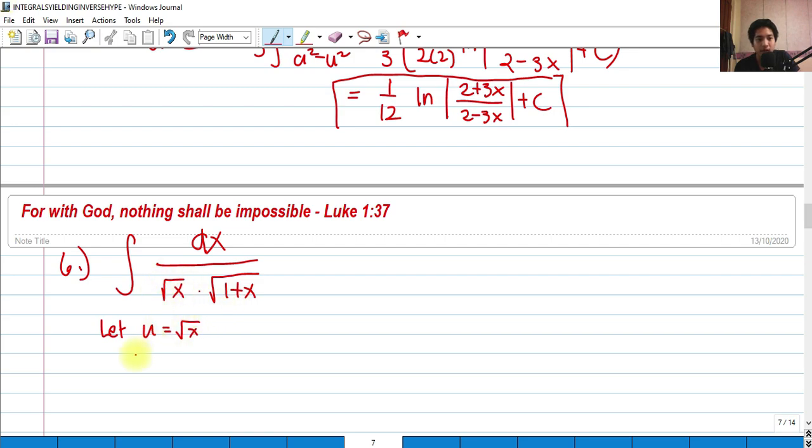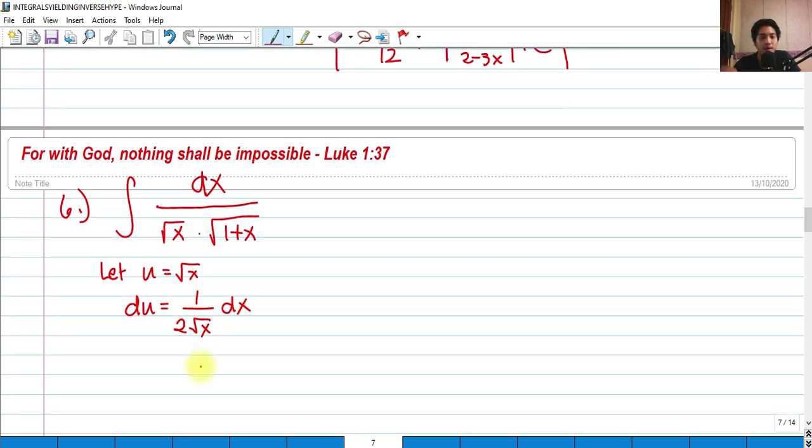So we have to let u equal square root of x. So we have du. If we get the derivative, that would be simply 1 over 2 square root of x dx. By power rule, we express this as 1/2 x raised to 1/2, then get the derivative. So we have 2 square root of x times du equals dx.